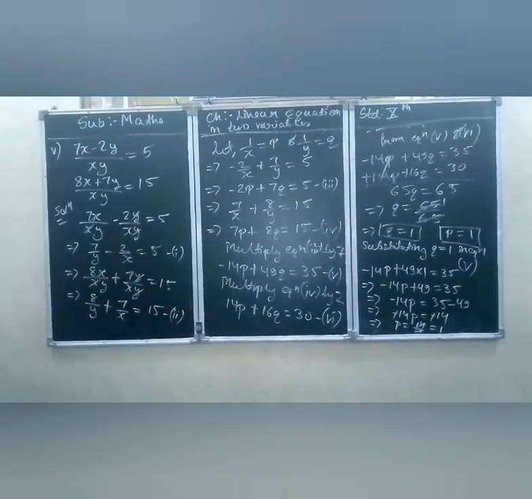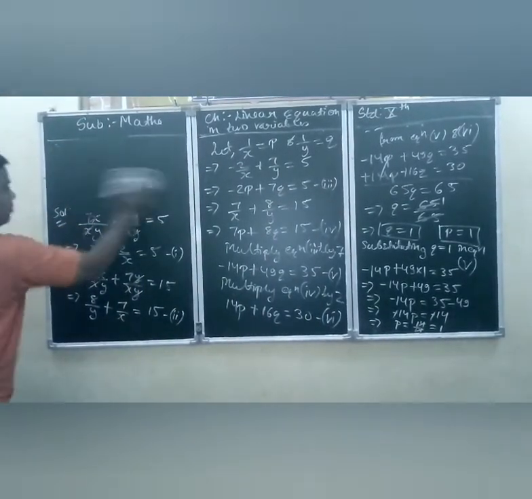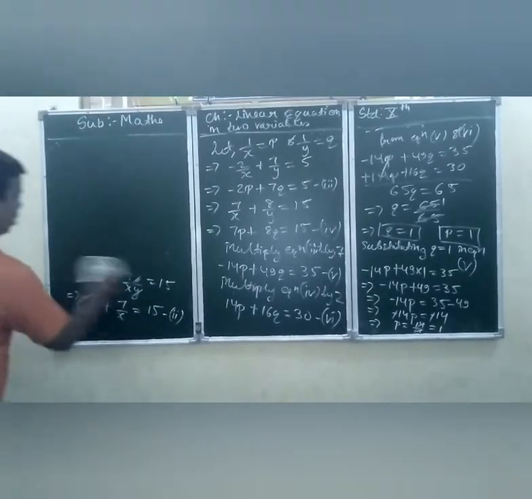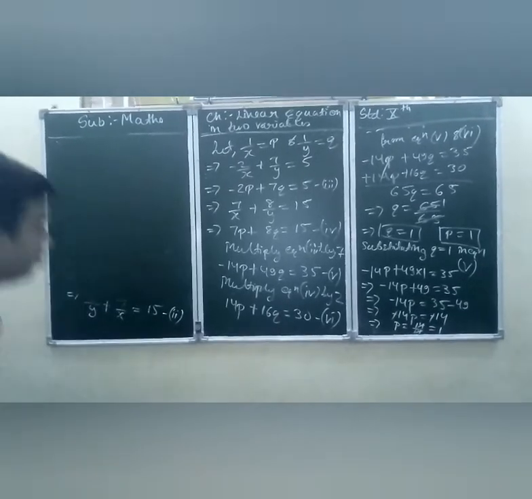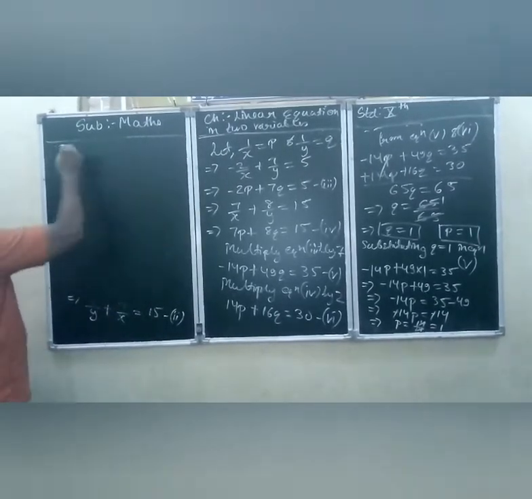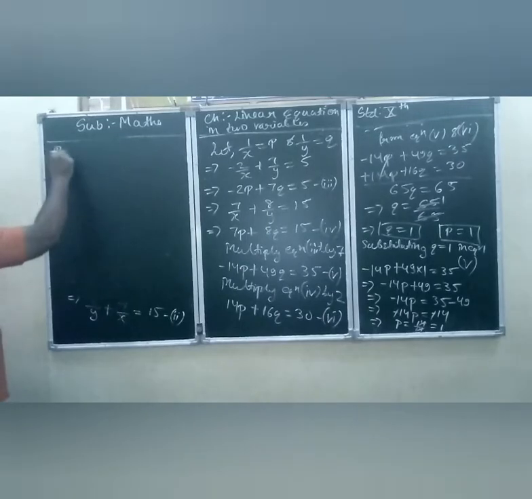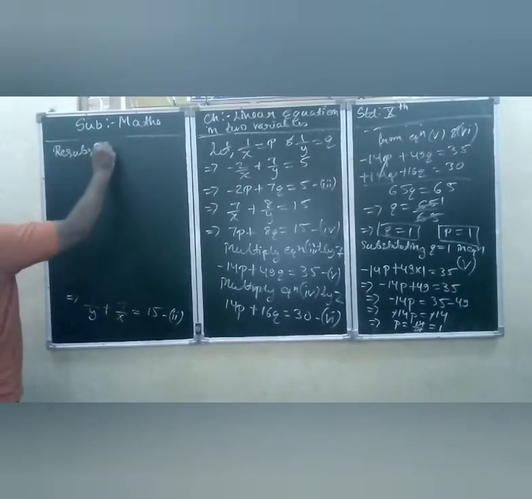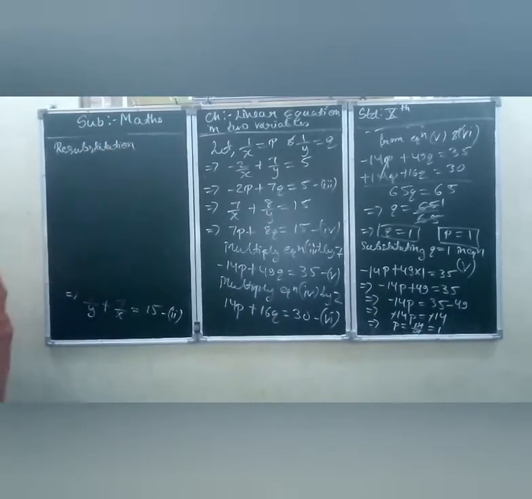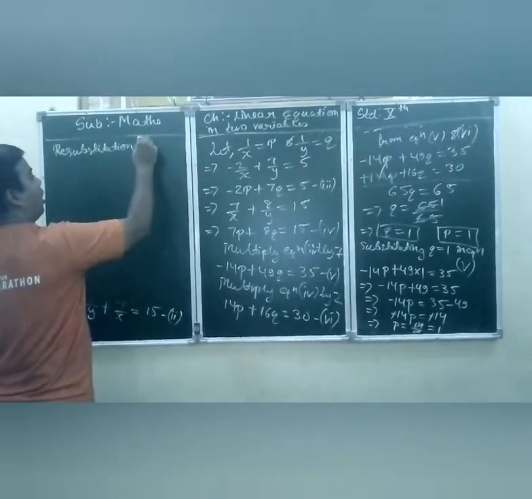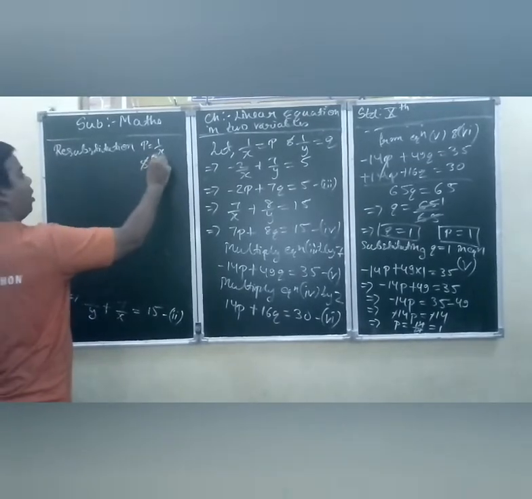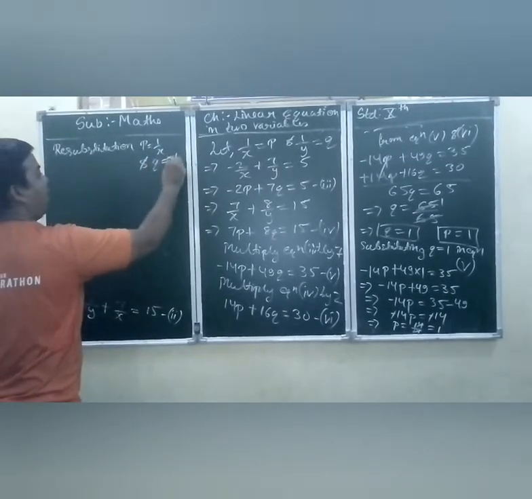Now this substitution, because we need to find the value of x and y. p is equal to 1 by x and q is equal to 1 by y.